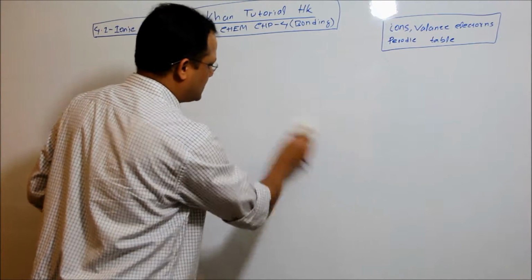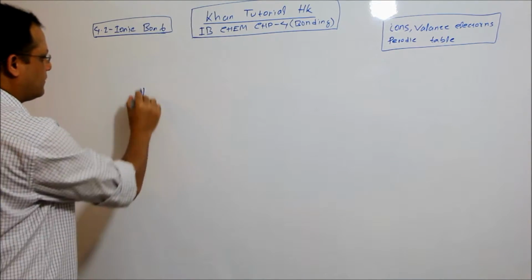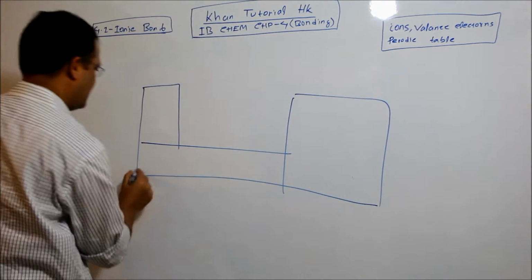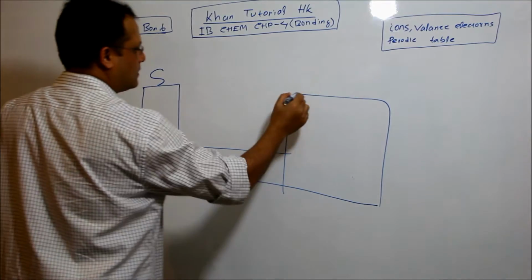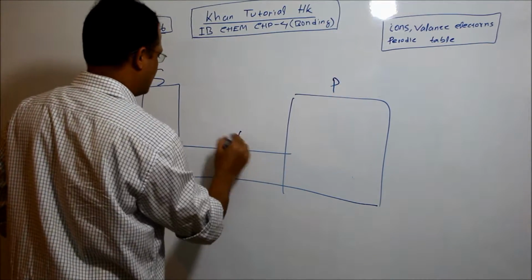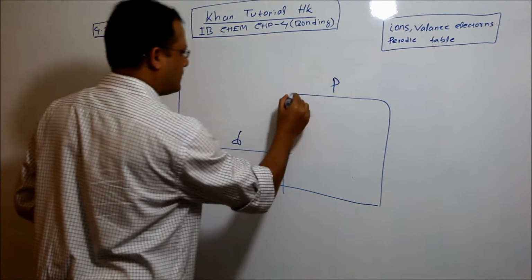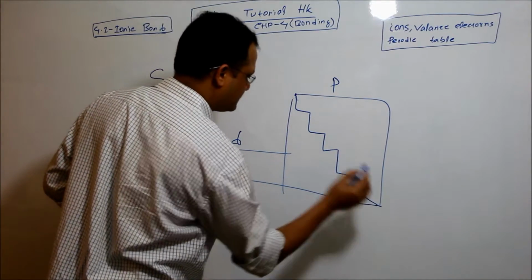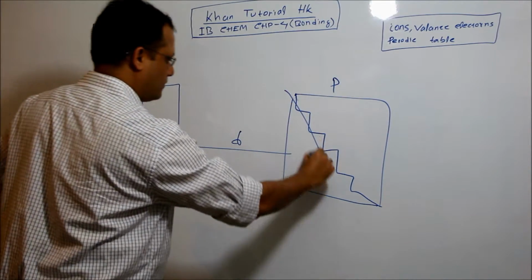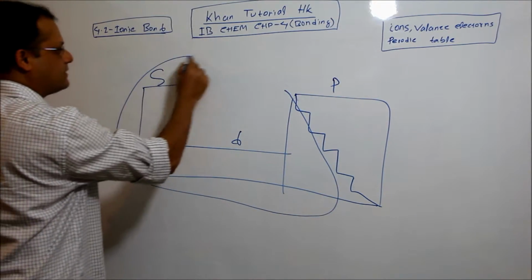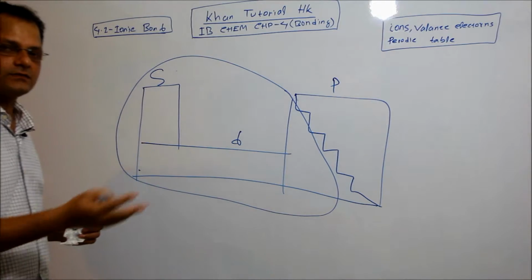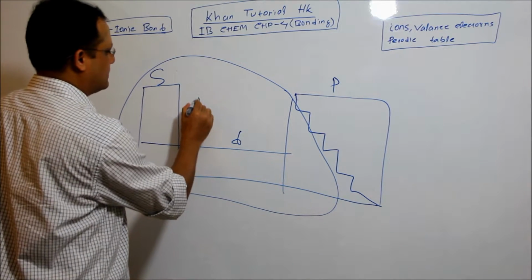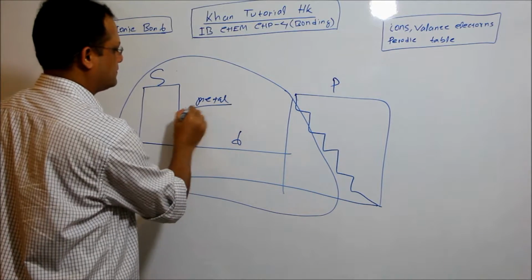If you see the periodic table, this is the S block, this is the P block, this is the D block. This one has a staircase here. All these atoms are able to give or lose electrons, so they are called metals.